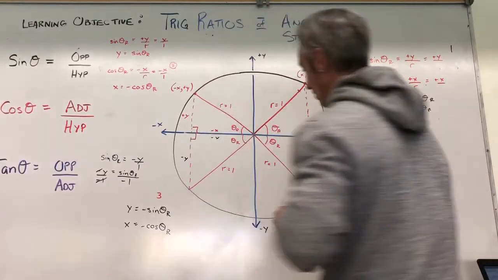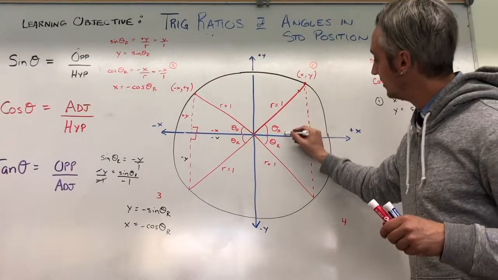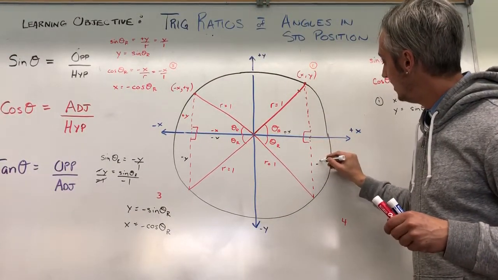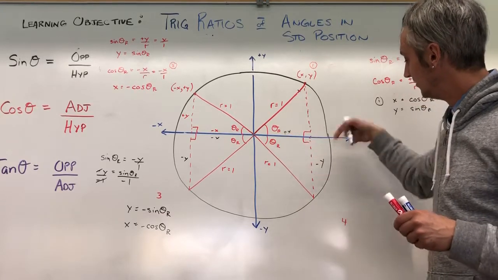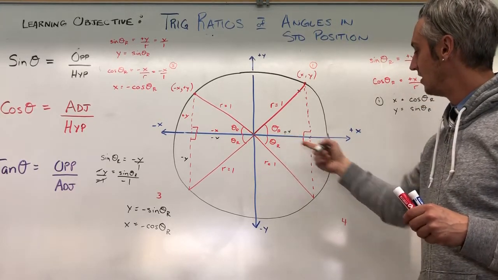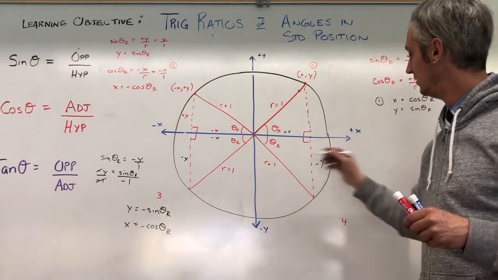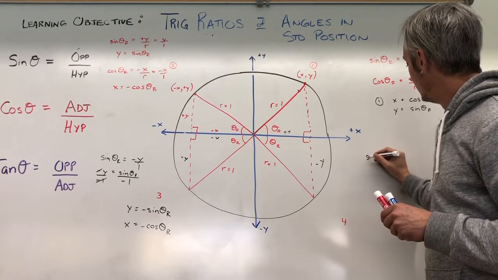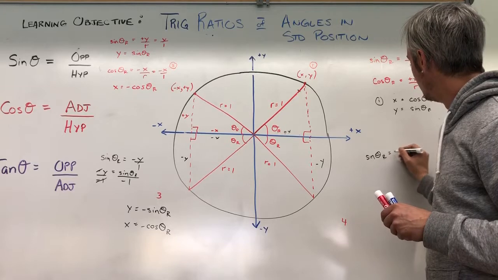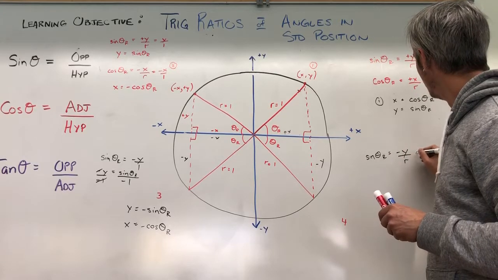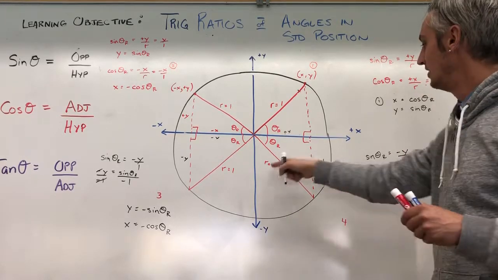And then over here, in quadrant 4, I'm going to have a positive value for my x and a negative value for my y, because I'm in positive, negative. So sine theta r is negative y over r, which is the same as negative y over 1.